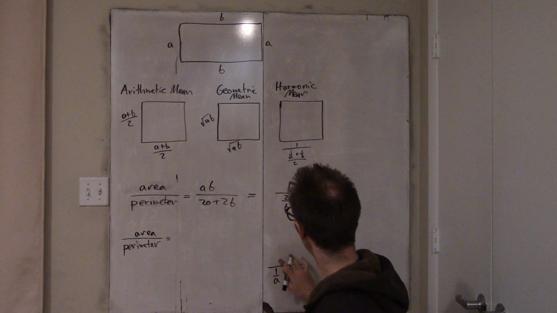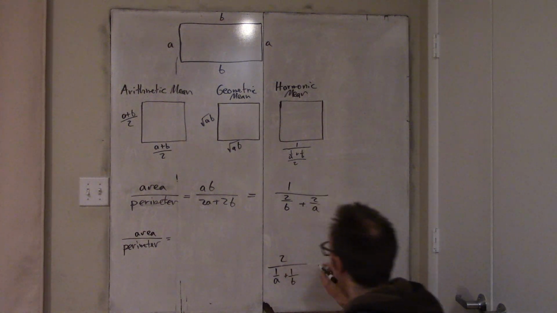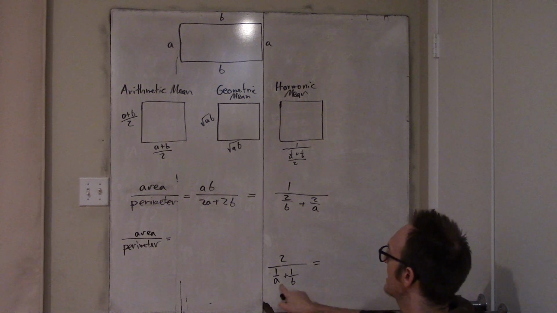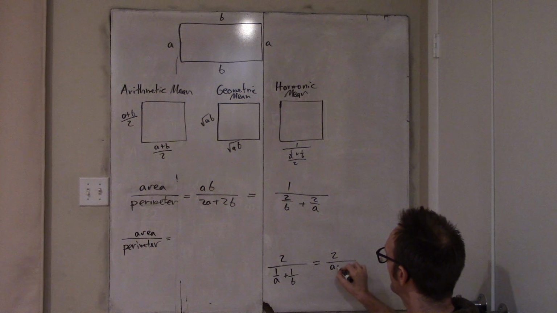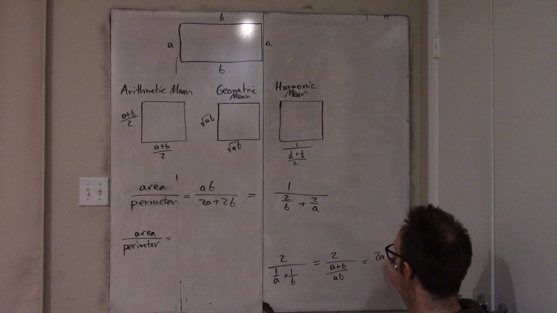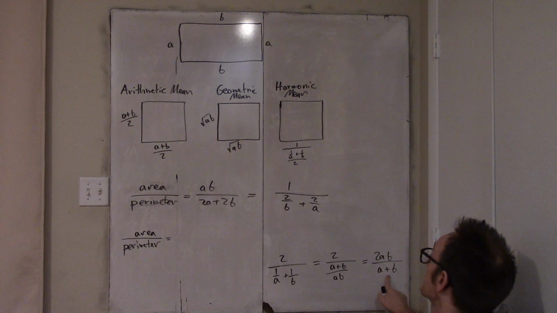Well, for starters, I can multiply the top and bottom by 2, and we've already seen that it can look like that. But then I might also want to get a common denominator down here, so that's 2 over A plus B over AB. And so perhaps a more convenient alternative way of talking about the harmonic mean is that it's this.